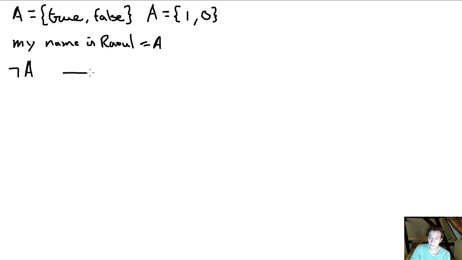So my name can be Raoul. If my name is Raoul, it's true. And if my name is Tom, then this statement is false. What not A says is my name is not Raoul, or not my name is Raoul.